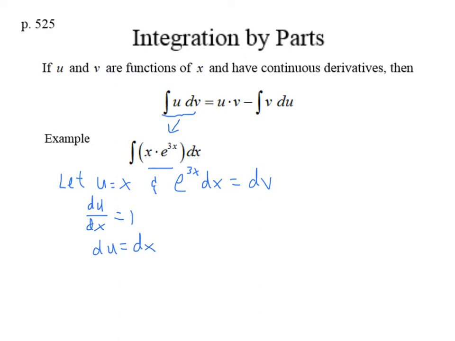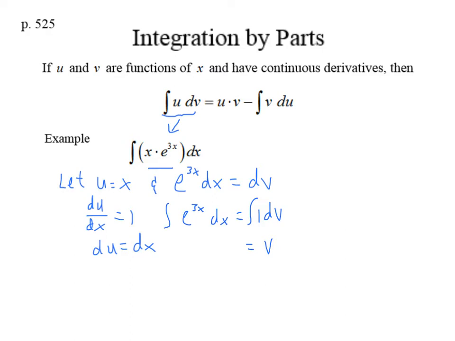Now over on the other end here, we need to figure out what v is. We know dv. So of course to go from dv to v, we just need to integrate. So we'll integrate, basically we're integrating 1 times dv, and that will give us v. And so we need to also integrate e to the 3x dx. All right, well, let's see, we can do that by using a pretty quick u-chain rule, right?